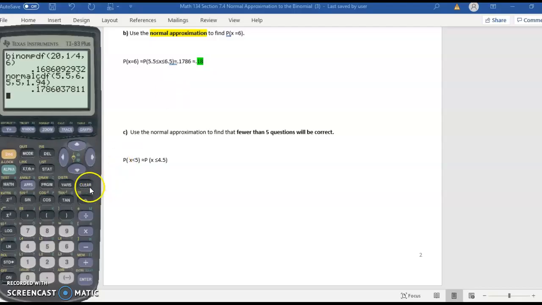Now, as we run it, you have to be very careful for this one. It's now going to be a normal CDF, so number 2, because it says less than, you just need to put a very large negative value, and then its upper bound is going to be 4.5. Don't forget mu, which happens to be 5. And then the standard deviation is 1.94.